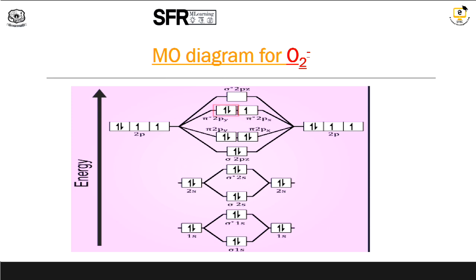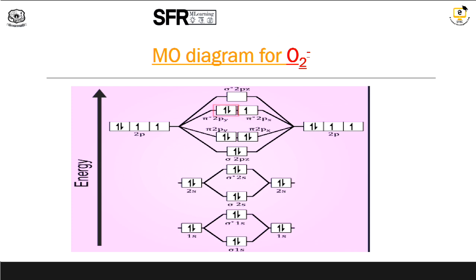So, totally 4 electrons are present in the anti-bonding molecular orbitals. So, the bond order is further reduced for O2 2 minus. For O2 minus, the bond order is 1.5, but for O2 2 minus, the bond order is 1.